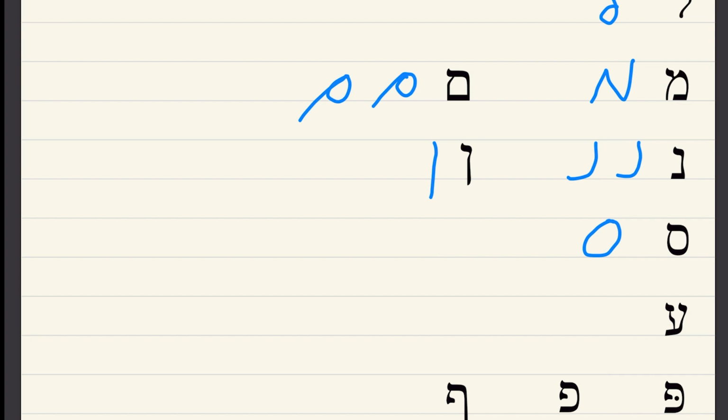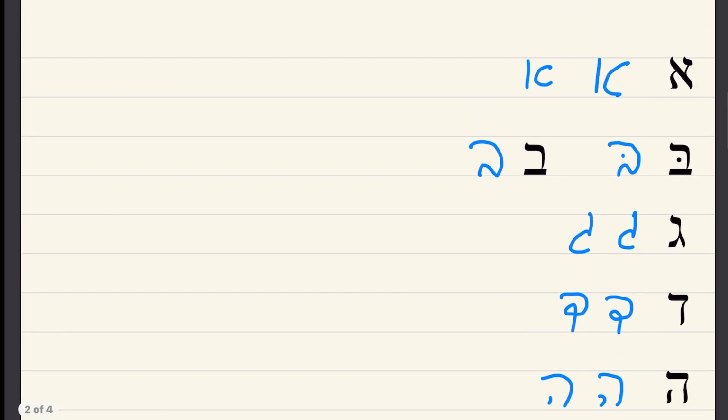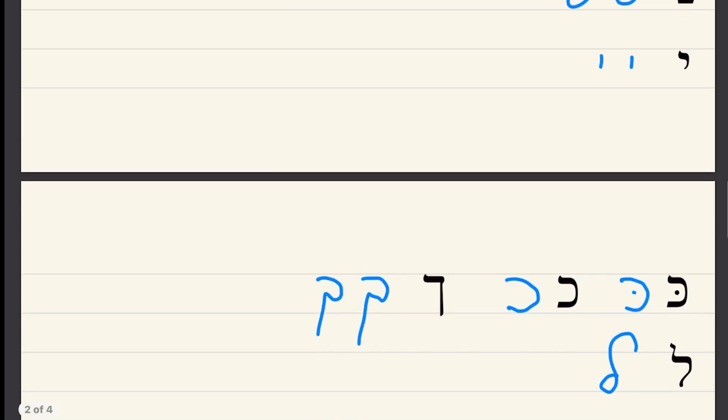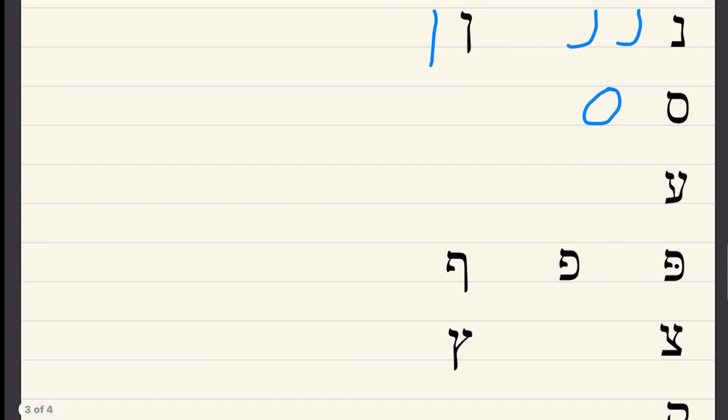The next letter is ain. The correct pronunciation would be a guttural coming from the throat, ain. But in today's Israel, we don't really pronounce it like that. We just pronounce ain, just like the letter aleph that we had. Now, an important thing to mention about aleph and ain is that they both basically take the vowel they come with. They don't have a sound on their own, basically, if you want to call it like that.